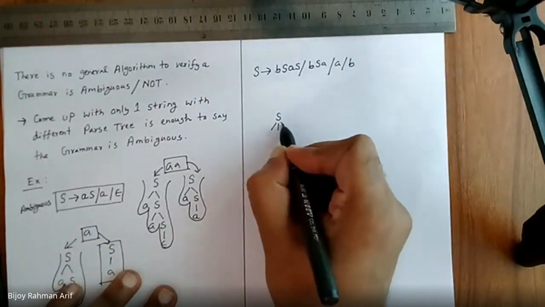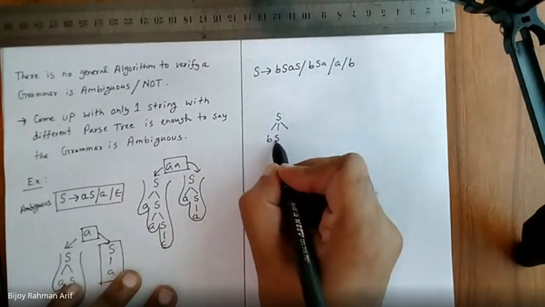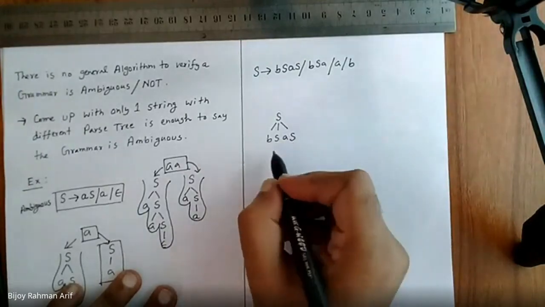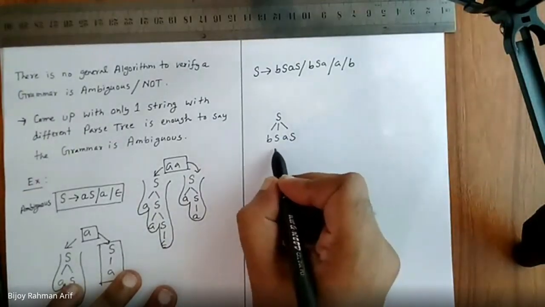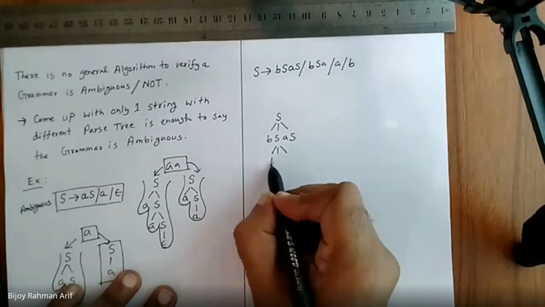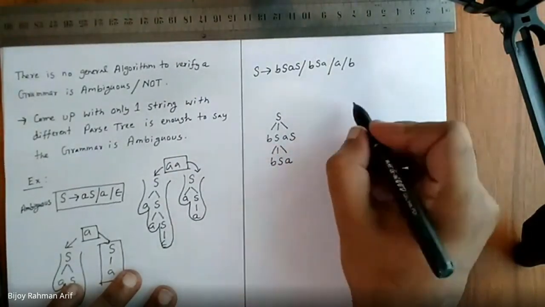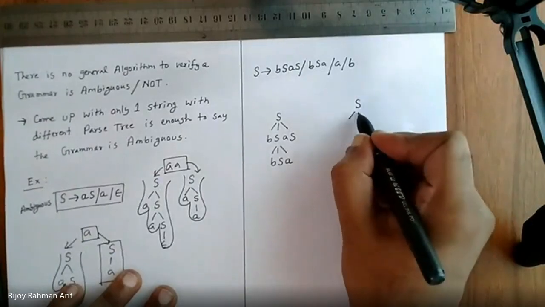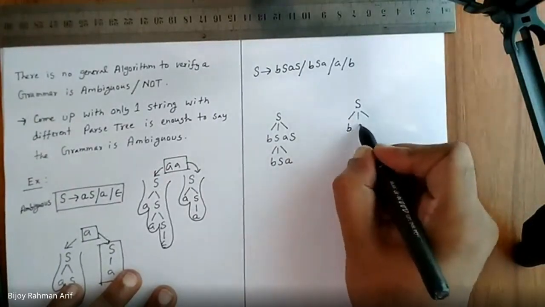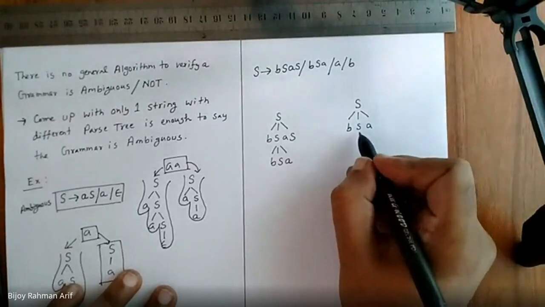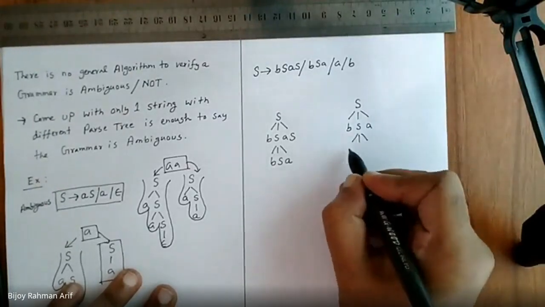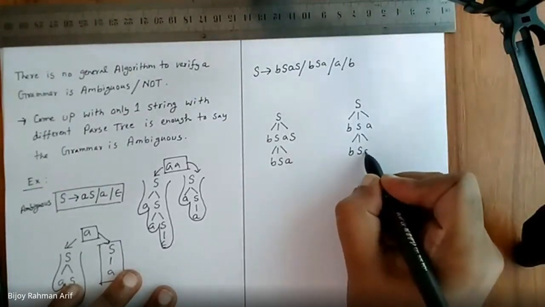S as first derives to BS, AS. Then I replace this S with BS. And how about this? Taking this, I replace with BSA. Then I replace this S with BS, AS.